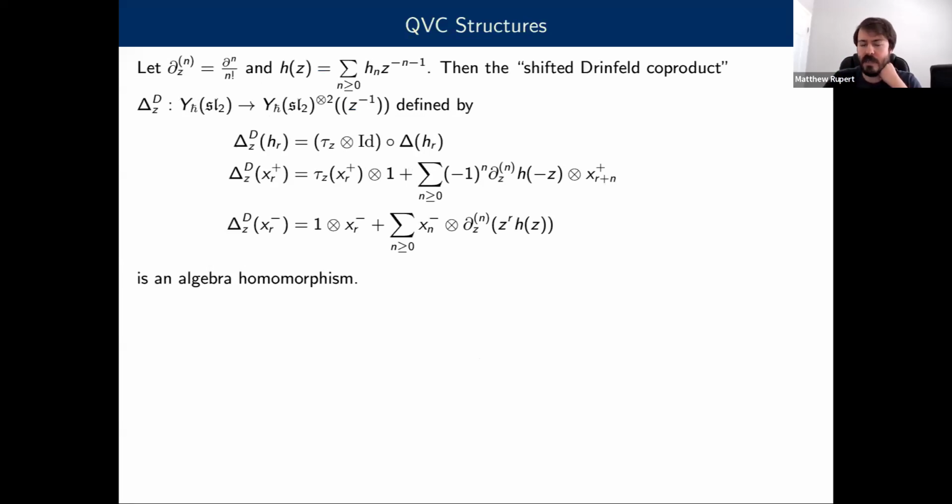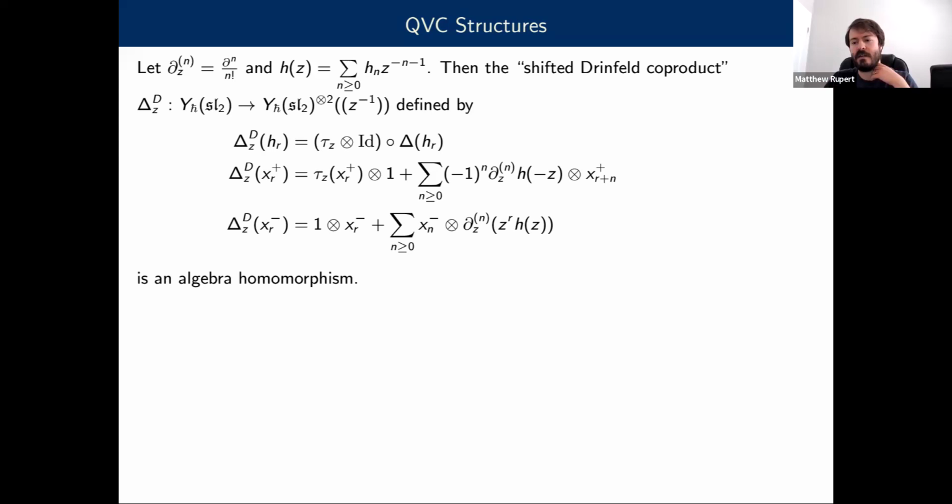Let H(z) be the formal power series with coefficients the generators H_n. Then we can define something called the shifted Drinfeld coproduct, which is a map from the Yangian into formal Laurent series in z inverse with coefficients in the Yangian.